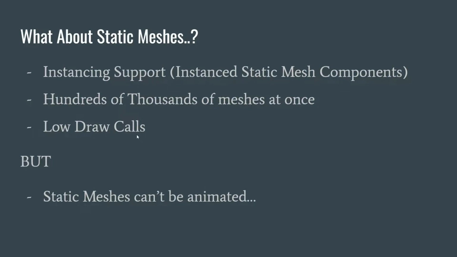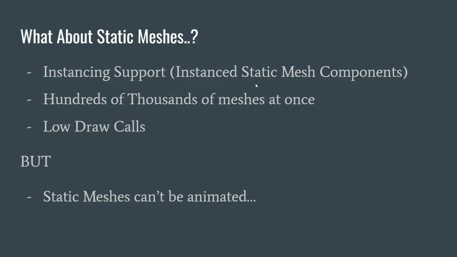And the reason why it's able to do that is because the instanced static mesh component is instanced, so it has low draw calls with every new instance that I add. It shares the same material, it shares the same mesh, and it will automatically batch them together. So I don't get new draw calls with every instance that I add.